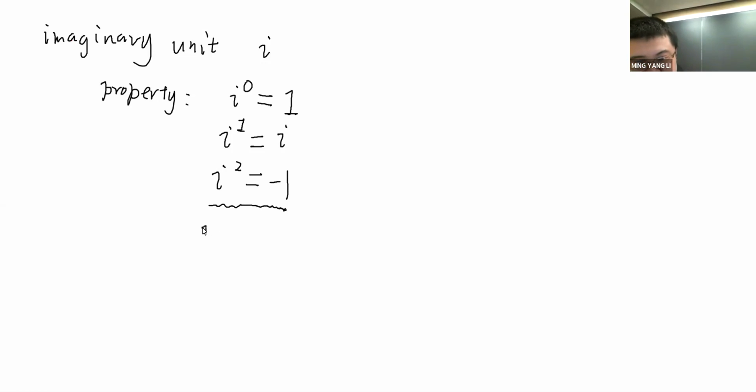Okay, and lastly, I to the power of 3. Again, we consider I as a variable, so I to the power of 3 is just I to the power of 2 times I to the power of 1. But we already know from the previous part that I to the power of 1 equals I, and I to the power of 2 equals -1.